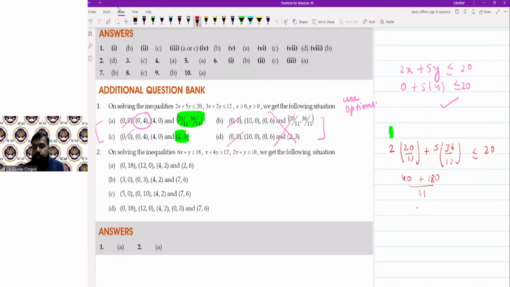How much is coming? 220 upon 11. So it is again 20, which is less than or equal to 20. Okay, that means it is satisfying.